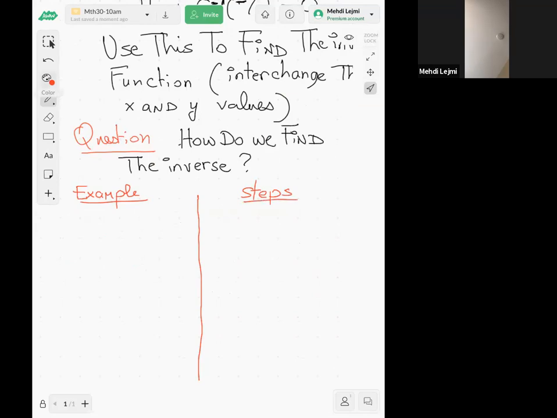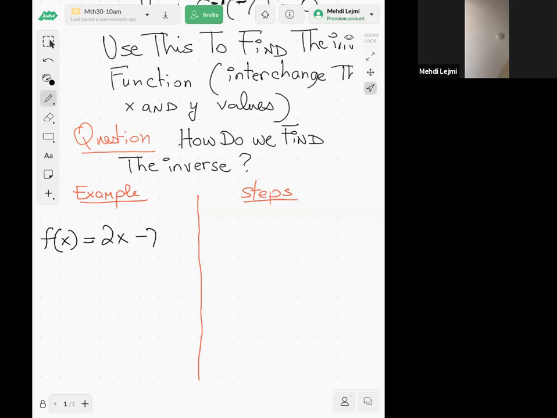Let's say my example is just a random function, f of x equals 2x minus 7.